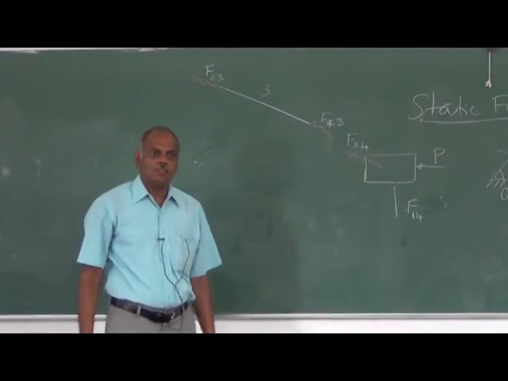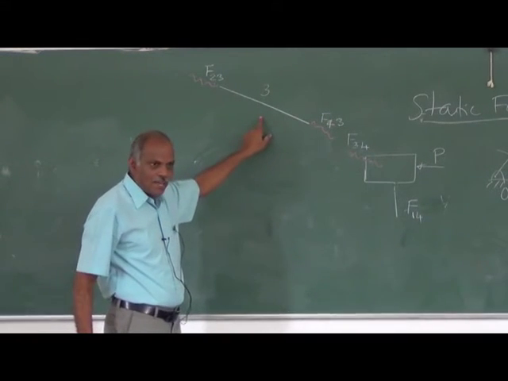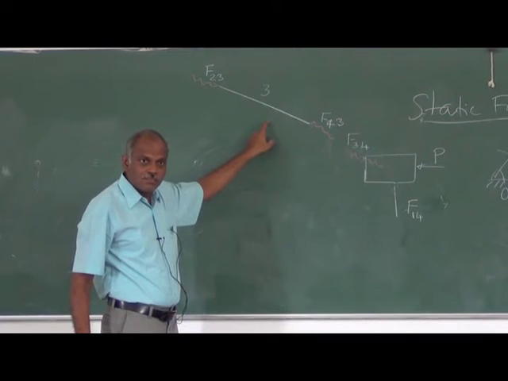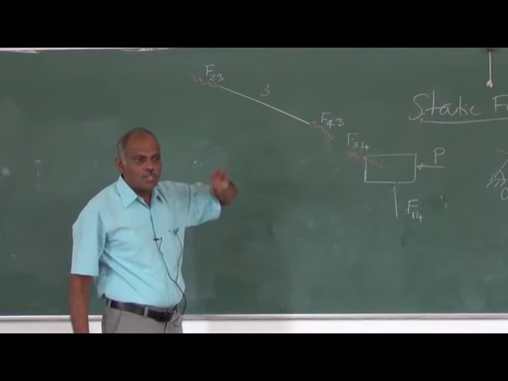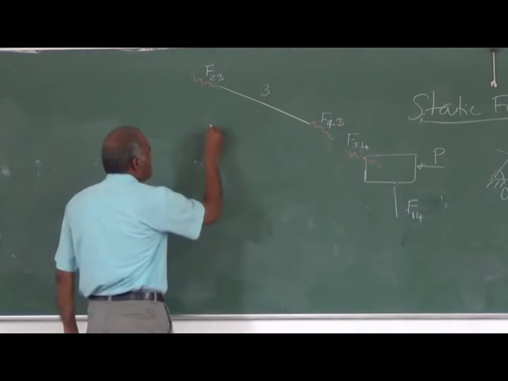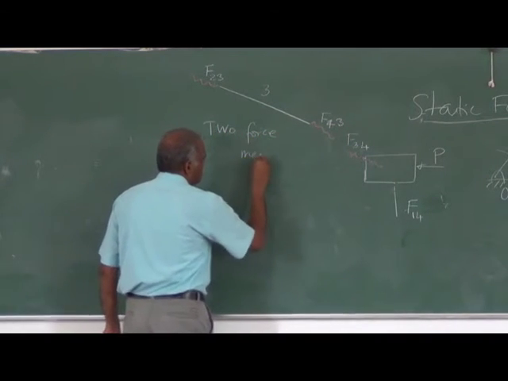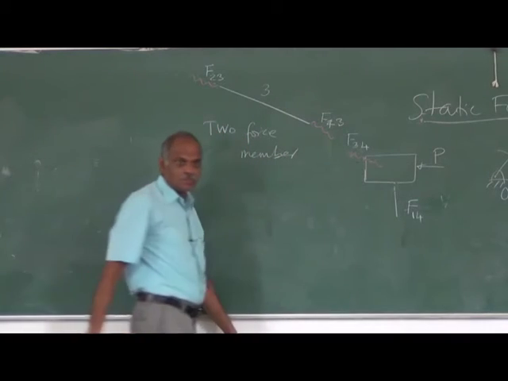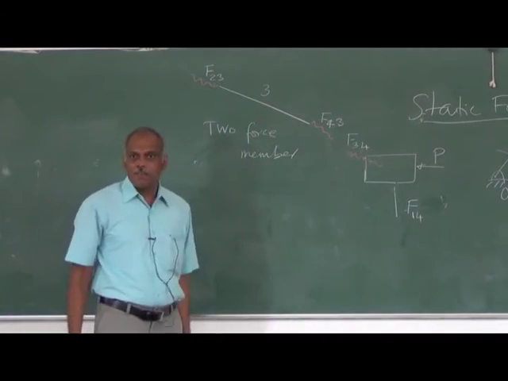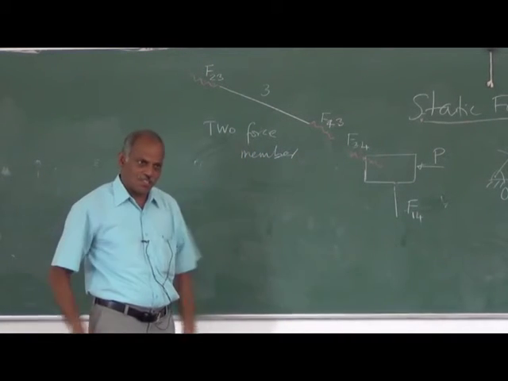But there is a special feature of this particular linkage 3. What is the special feature of this? The number of forces acting on it is only 2. So this member is called a two-force member. This linkage 3 is in equilibrium under the action of two forces.